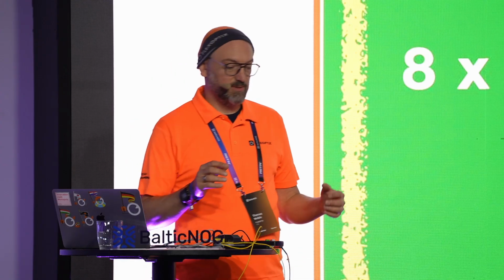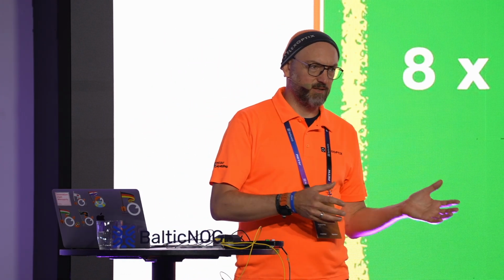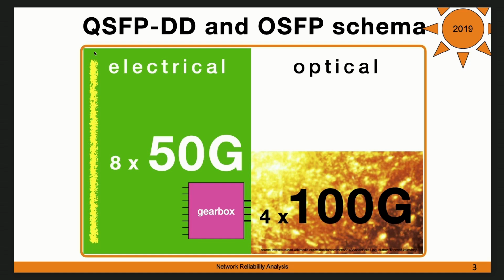But first of all, we have to go a little bit back in history, to 6 years ago, when the first 400 gig transceivers were introduced in a nice pluggable form factor, like QSFP-DD and OSFP. When we look at the schematic of a transceiver in general, you have 2 different types of sections.